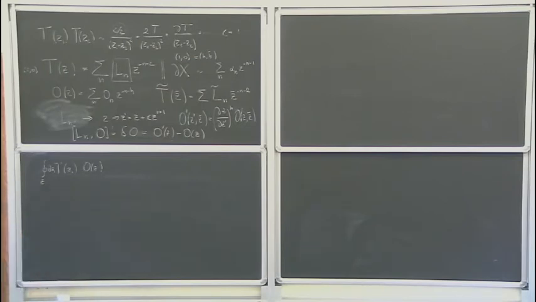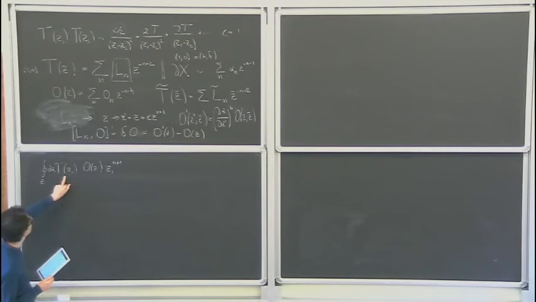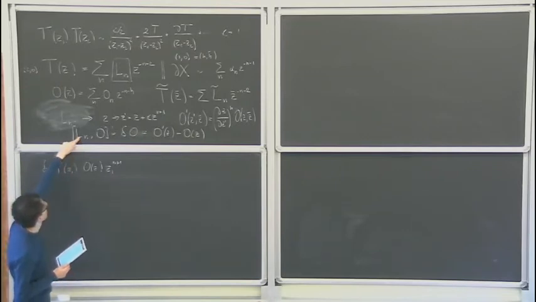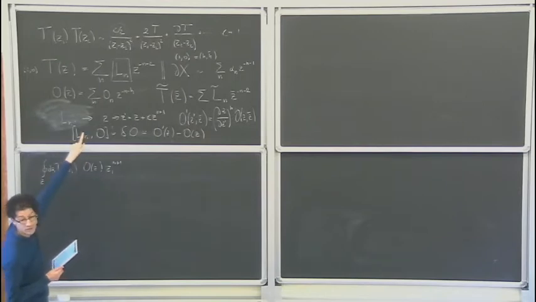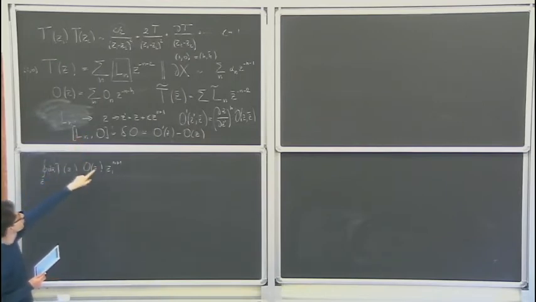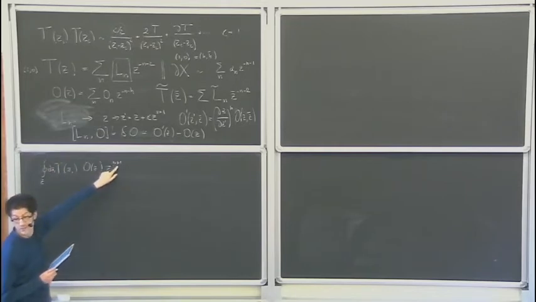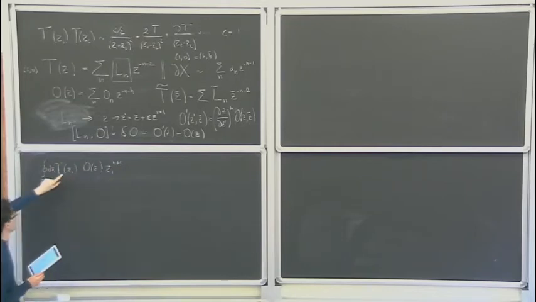And then I want to select the nth mode, so I have to multiply by z1^(n+1). Right. So this is a contour integral. This contour integral selects the nth mode, because I'm using that expansion. So z^(-n-2) times z^(n+1) gives z^(-1).